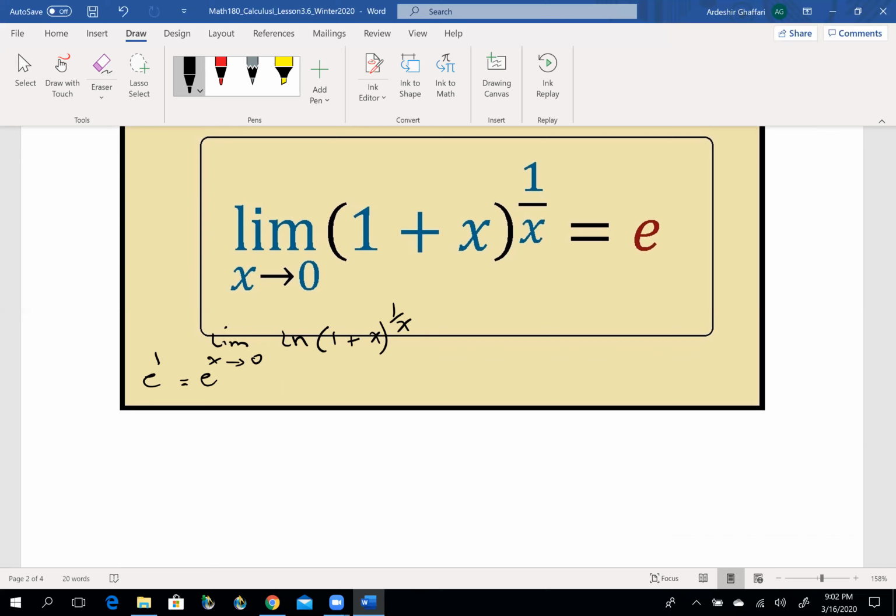So now I'm going to use the continuity formula from section 2.5.